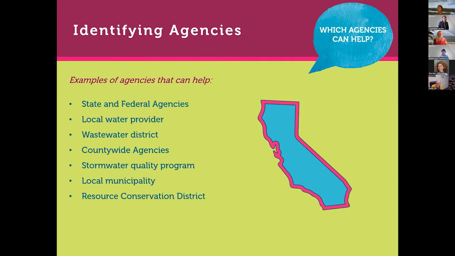They're able to secure a lot of funding and do a lot of really great projects benefiting agriculture and urban landscapes and water quality. There's also the countywide flood control agency, which is called Watershed Protection for Ventura County, and also the countywide stormwater quality program.